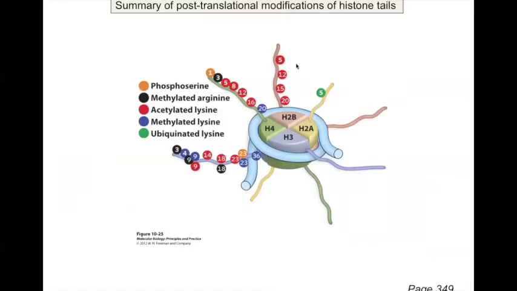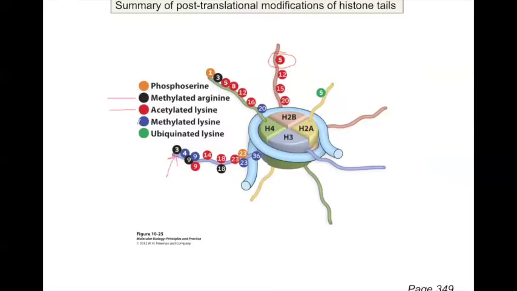Protein tails of the histone subunits can protrude out, and the numbers, such as this, indicate amino acid residues which can be modified. For example, those numbers in red can be acetylated and they are lysines, whereas in black we have arginines that can be methylated, shown here.